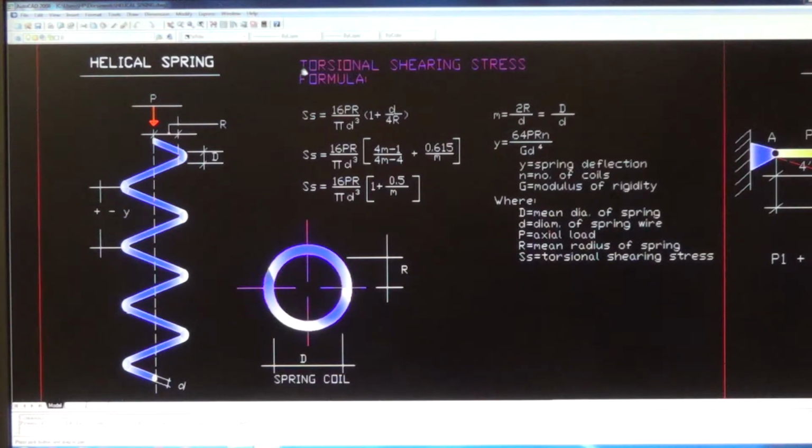Number one is torsional stress, and number two is shearing stress. A high amount of torsional stress occurs at this junction here, and this intersection here, where the spring is changing direction from going up in this direction, then turning to the other direction.